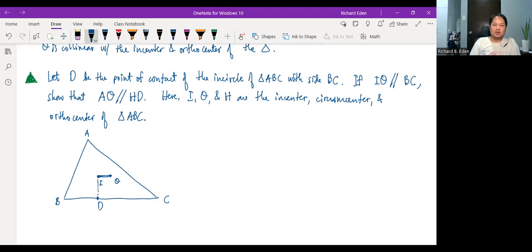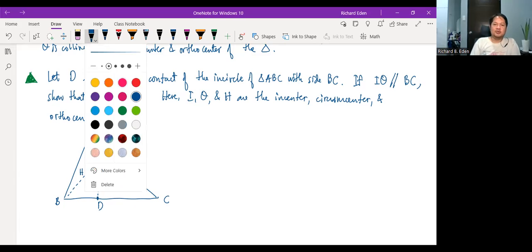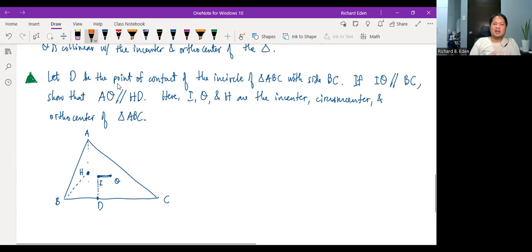H is the orthocenter, so these are the altitudes. That's the A altitude, and this is the B altitude, so this seems to be H. So prove that AO and HD are parallel.